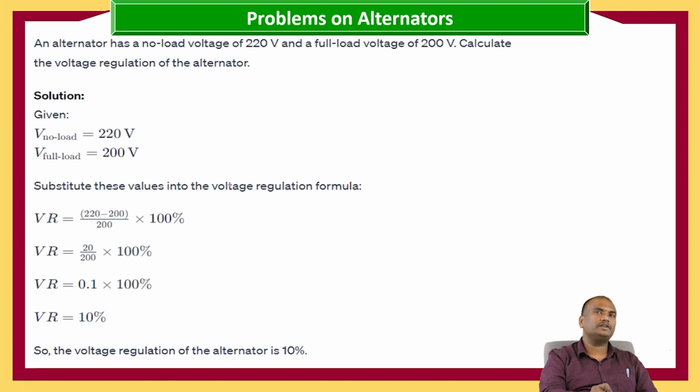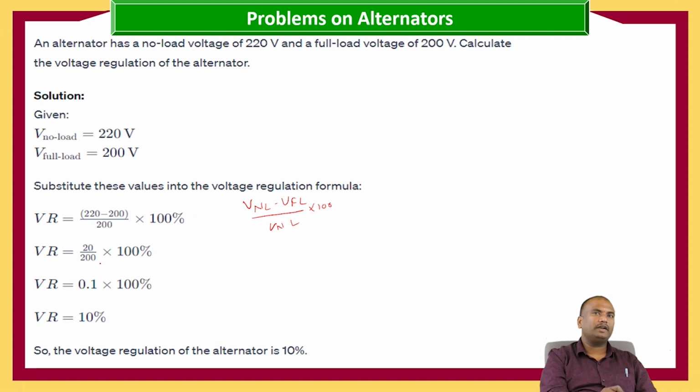Substitute these values into the voltage regulation formula. Voltage regulation is equal to V no load minus V full load by V no load into 100, which is 220 minus 200 by 200 into 100.